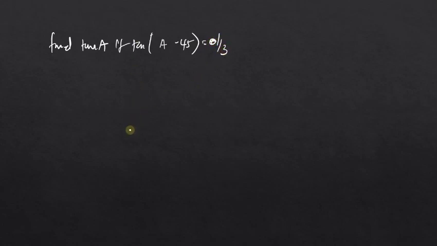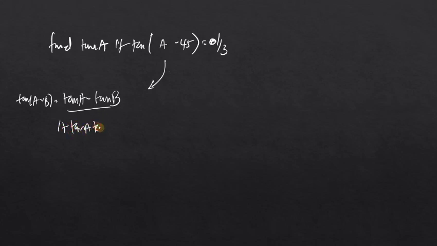This is a very interesting question, and if you guess right, it's all coming from the double angle formula of tan of A minus B. So the formula for tan of A minus B will be equal to tan A minus tan B all over 1 plus tan A tan B, right? By this time they give us tan of A minus 45.